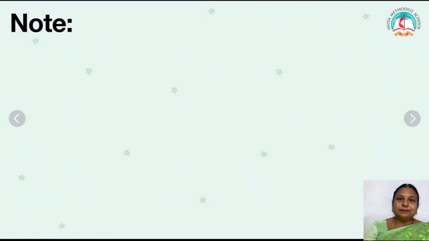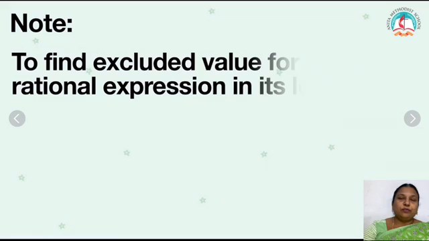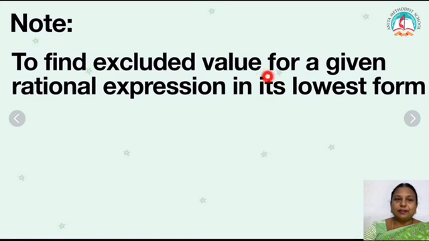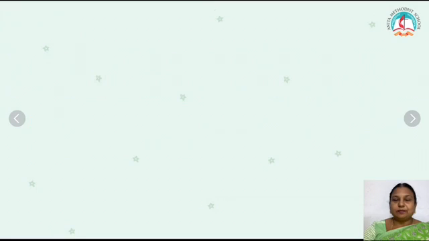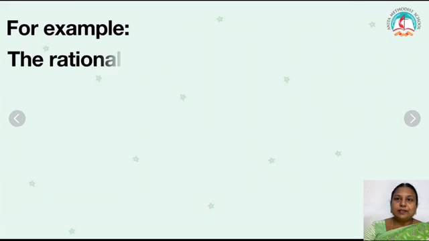Note: to find the excluded value for a given rational expression in its lowest form, p of x by q of x, consider the denominator q of x equal to 0. In a rational expression, q of x is not equal to 0. Here, for the excluded value, q of x equal to 0.